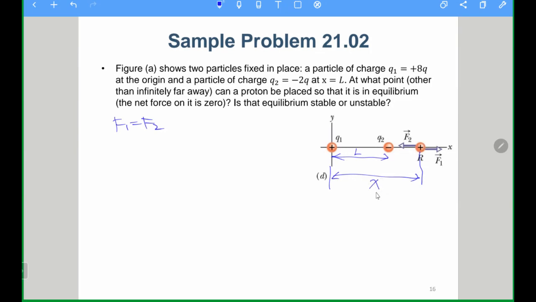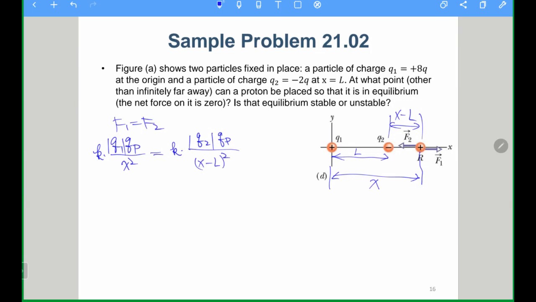Okay, so F1 will be K times Q1 and then QP all over x squared. And then F2 will be K times, maybe we just put the absolute value here, absolute value of Q2 times QP, and then all over, so this distance should be x minus L, so x minus L quantity squared.